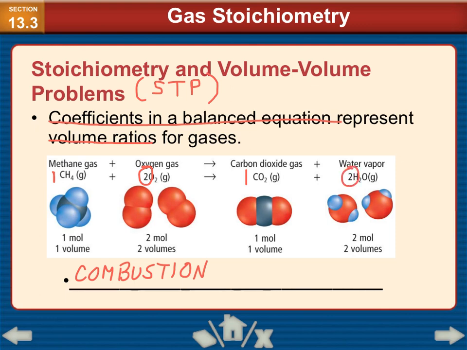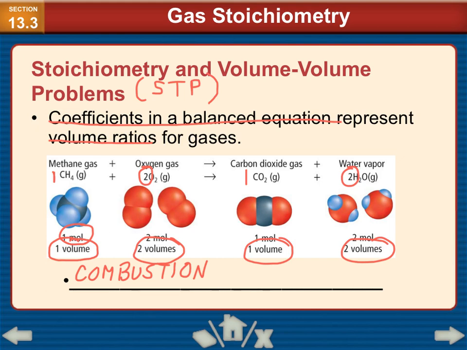Those coefficients represent the amount of the substance, and in this case, the volume of the substance. So in one case where we would have 1 mole, it's actually more convenient to talk about the volume. So we have 1 volume. So 1 volume of methane would react with 2 volumes of oxygen to produce 1 volume's worth of carbon dioxide and 2 volumes of water vapor.